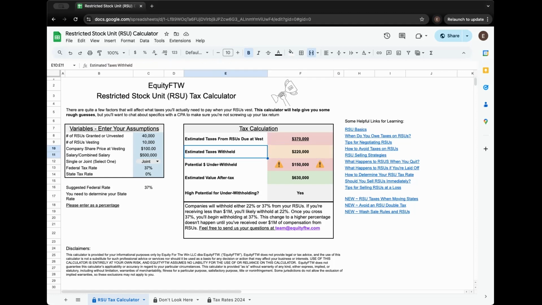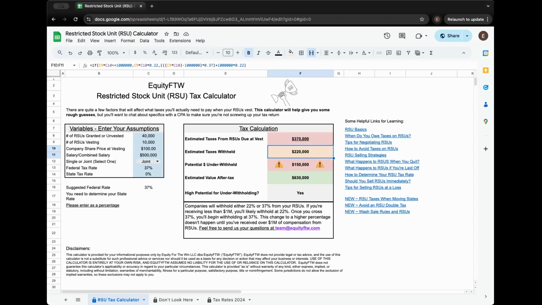This is a new cell right here, so this will calculate the amount that is expected to be withheld. So at vesting, this scenario shows that you have $1 million of RSUs vesting. And so if you had zero state income taxes, 37% would be taxed, so $370K.